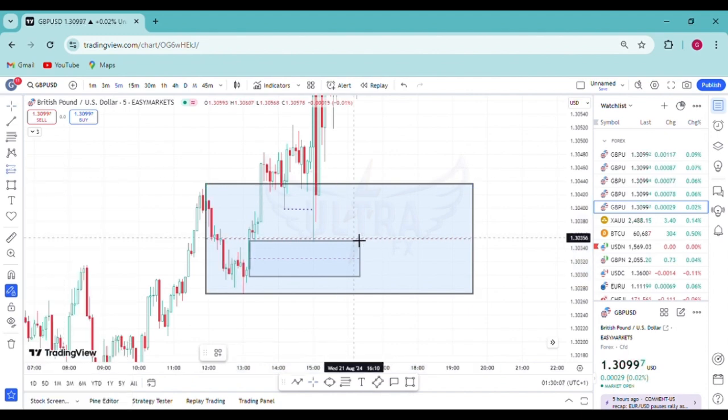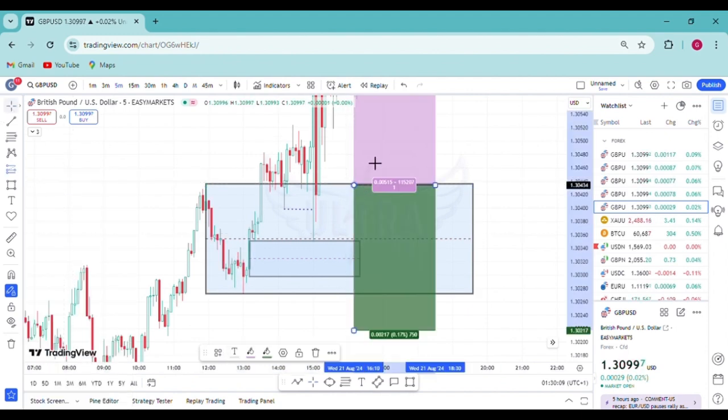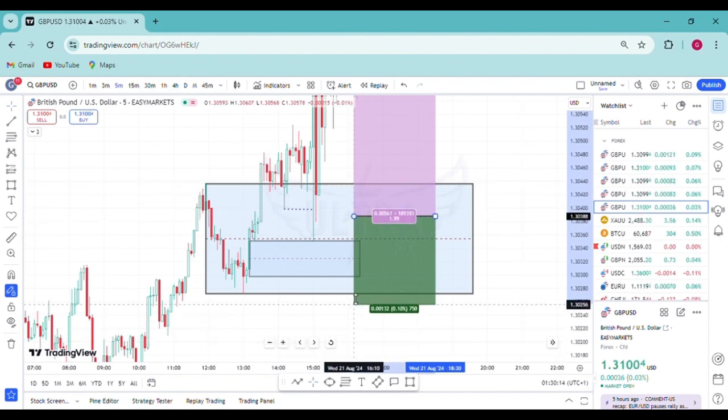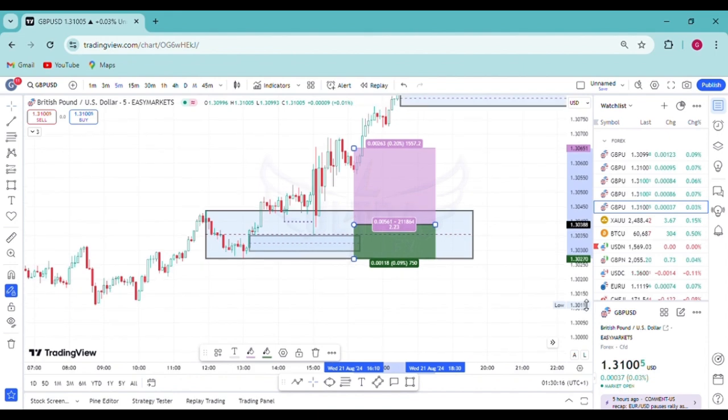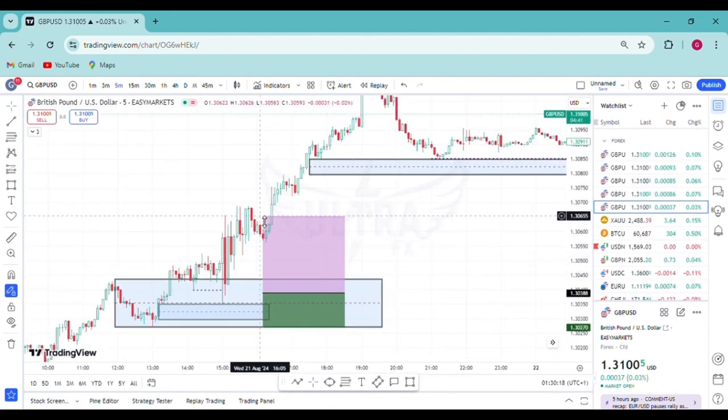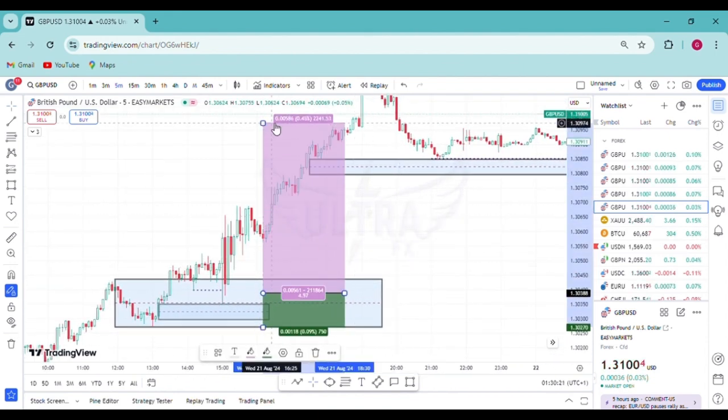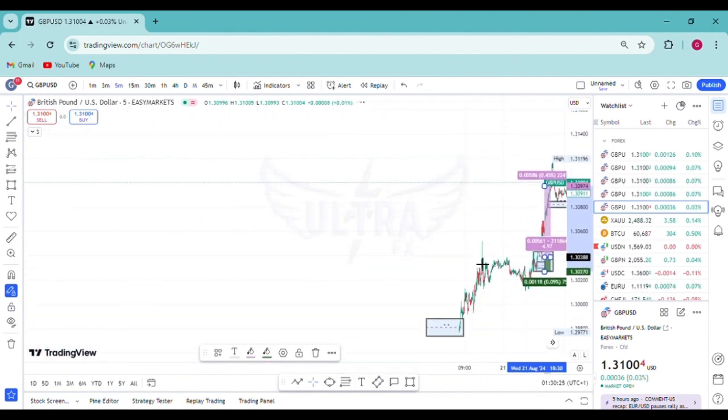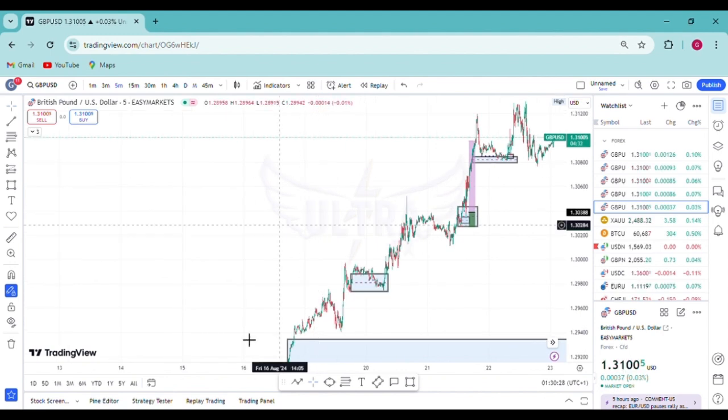a trade. After market taps into your fair value gap, we have a trade, and this trade can take from 1 to, depending on your previous high. Let's see where our previous high was on a higher time frame.